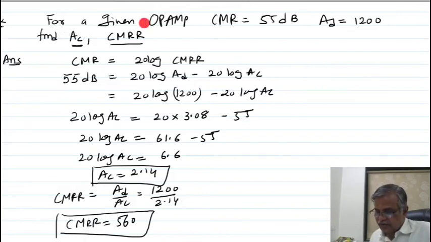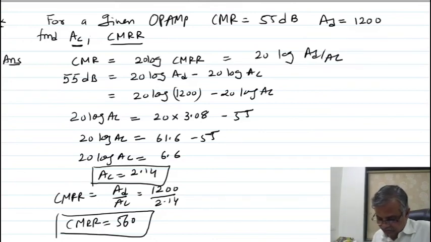Listen, for a given op-amp, CMRR is 55 dB, AD is given, find AC and CMRR. What is CMRR? 20 log CMRR. So I get 20 log AD minus 20 log AC. For those who do not understand, I can write 20 log AD by AC. Now this is 55 dB, this is 1200, this is 3.08, 61.6.